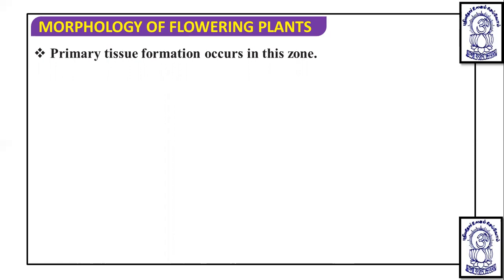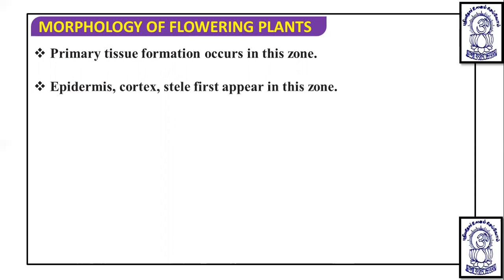Primary tissue includes particularly parenchyma, collenchyma, sclerenchyma. So when we take a cross section of this particular region of maturation, you will see the outermost layer, that is epidermis. Suppose this is the region of maturation and I take a cross section, the outermost structure is going to be epidermis.